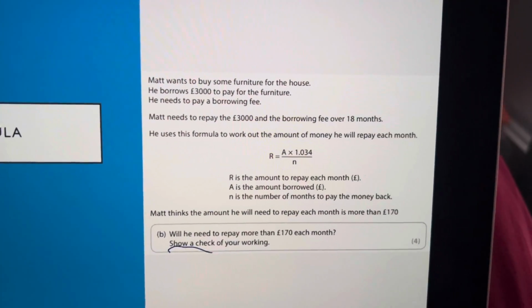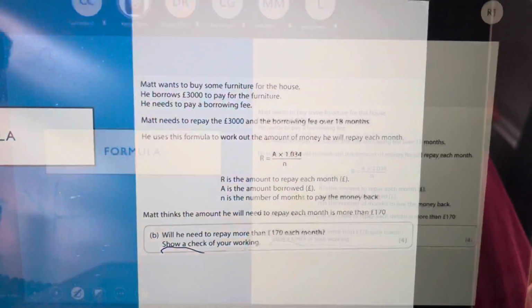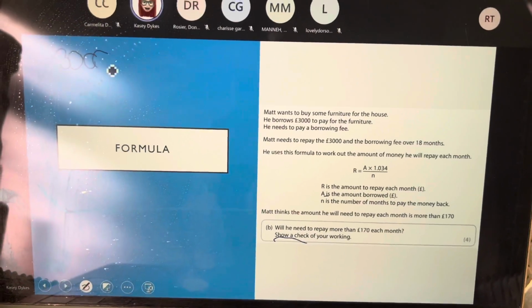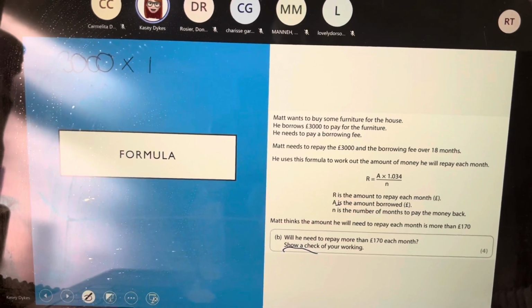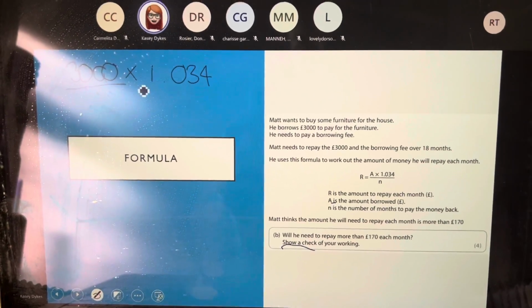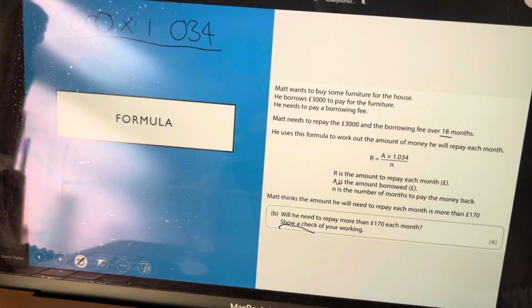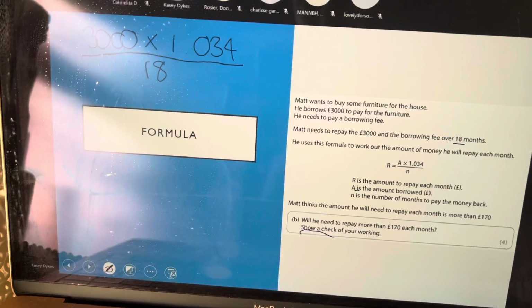So 4-mark question, you got 4 minutes for this one. 3,000 times 1.034. Dividing that whole thing by N, which is going to be our 18 months, our number of months.